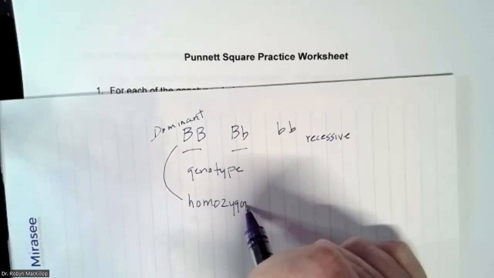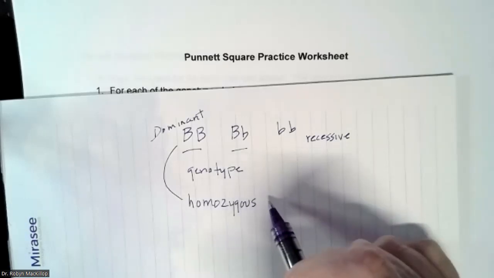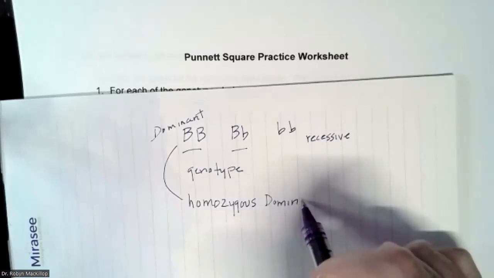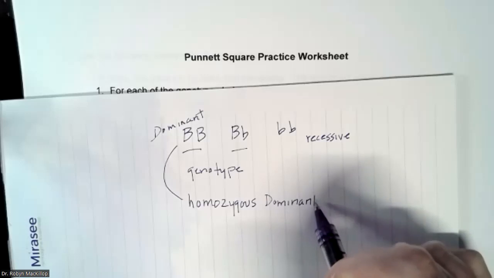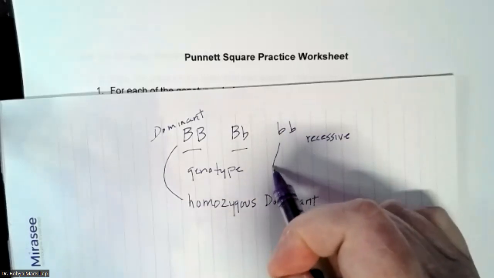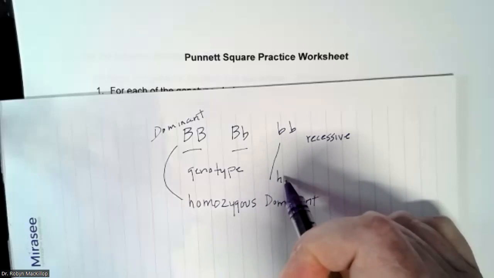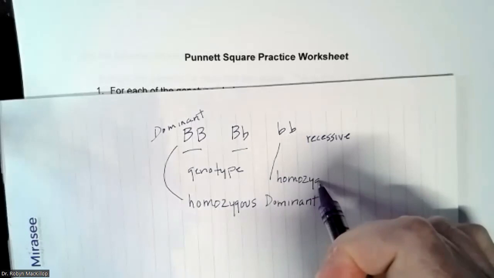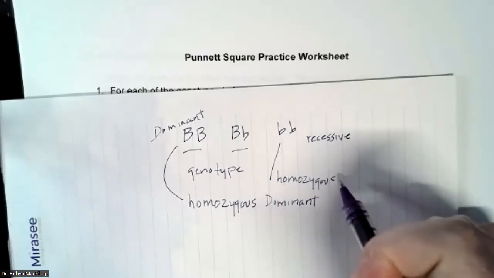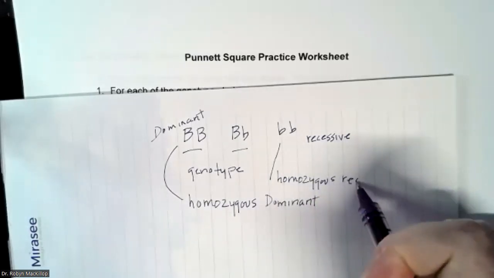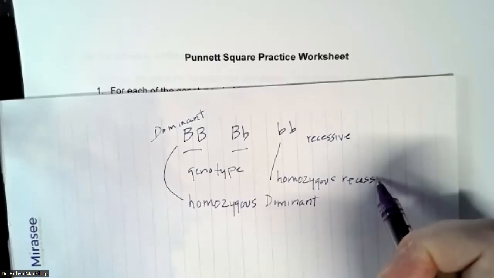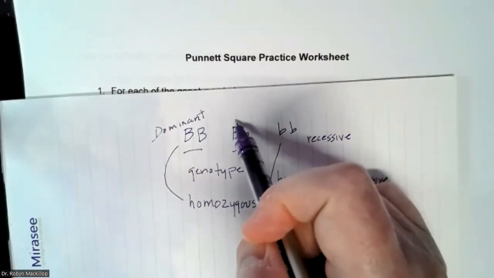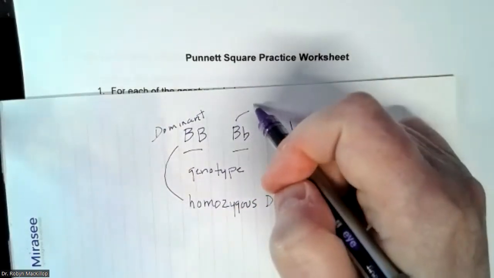Homozygous means the same. So you have 2 capital letters, same. Little b is homozygous, same. Let's see if I can write faster. Recessive are two recessive genes. And when you have a dominant and a recessive, it is heterozygous, different.